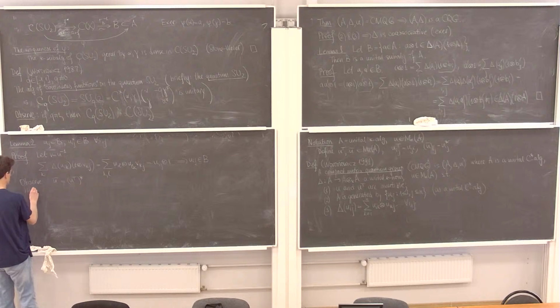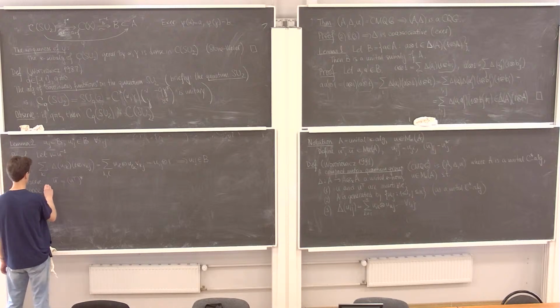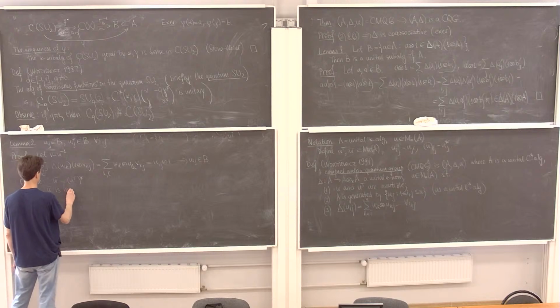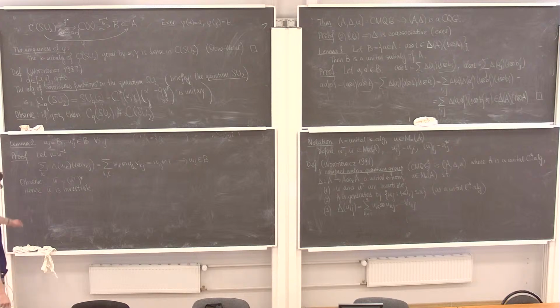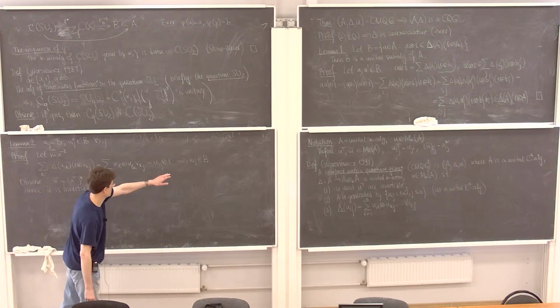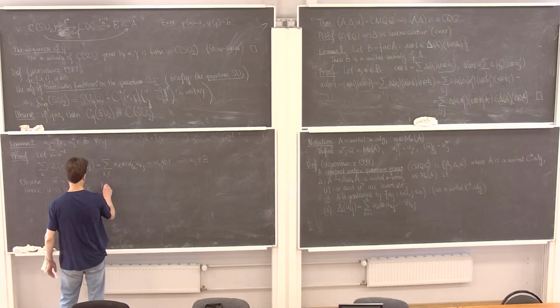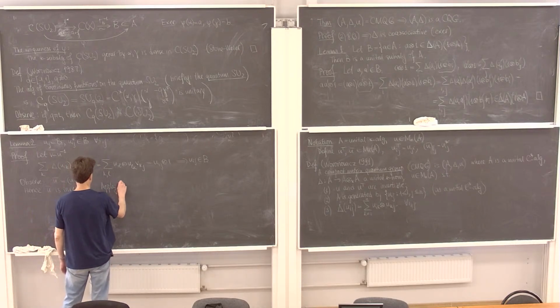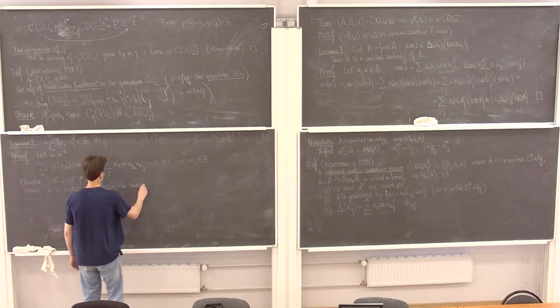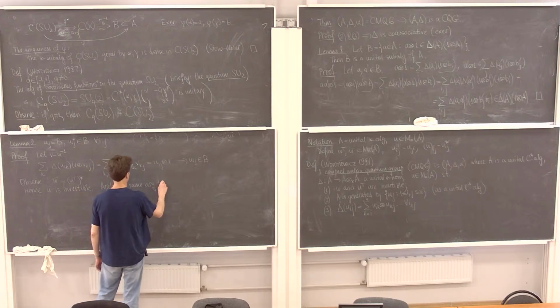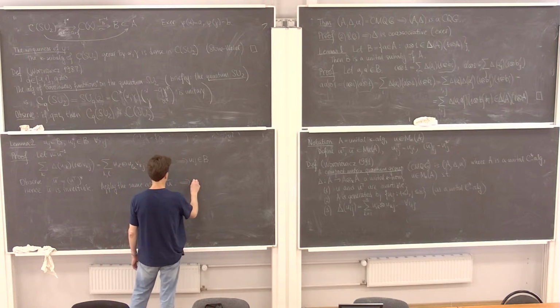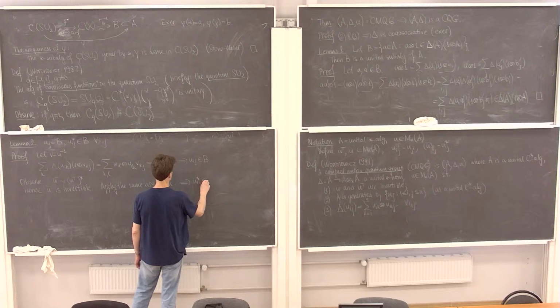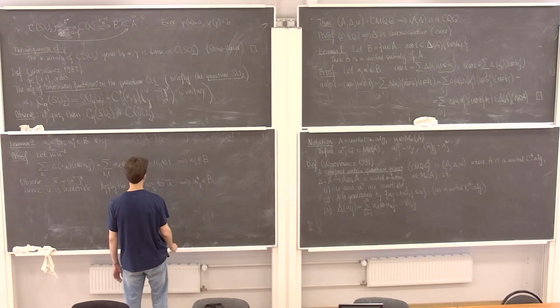So we conclude that U bar is also invertible. And now we can apply the same argument to U bar instead of U and deduce that Uij star belongs to B. And this completes the proof of lemma 2.